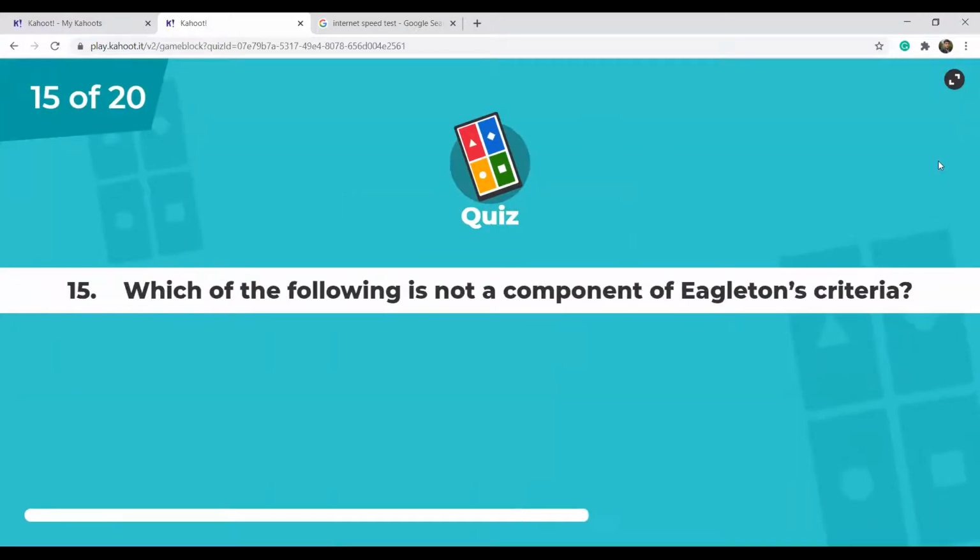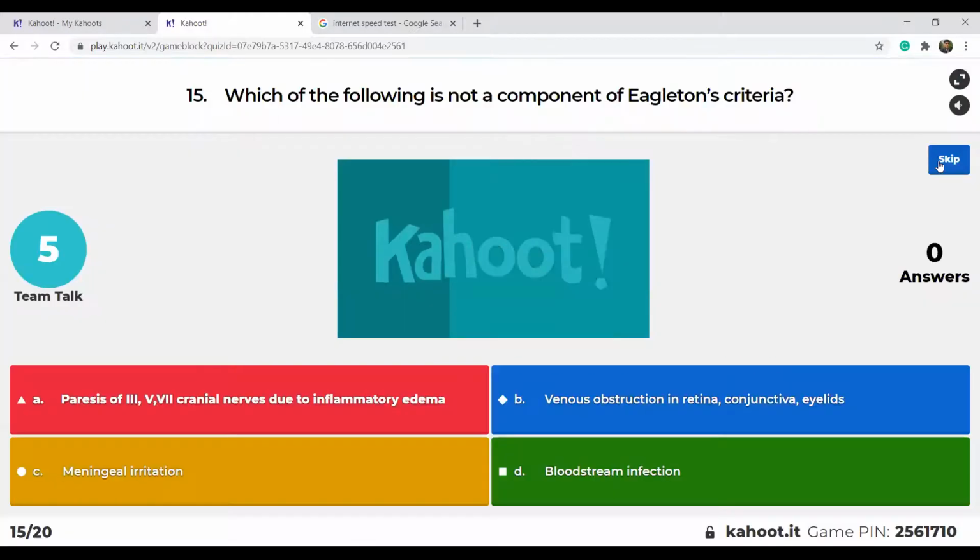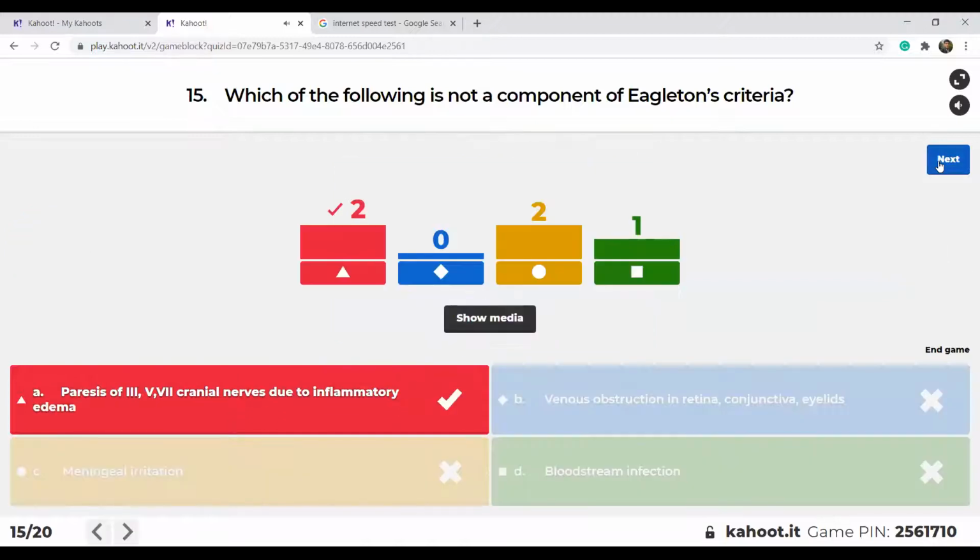Which of the following is not a component of Eagleton's criteria? Paresis of 3, 5, 7 cranial nerves due to inflammatory edema, venous obstruction, retinal conjunctivitis, meningeal irritation, or bloodstream infection. Why? This was such an easy question.